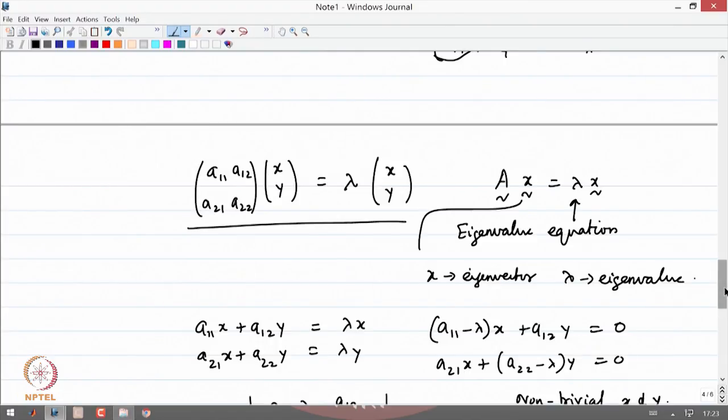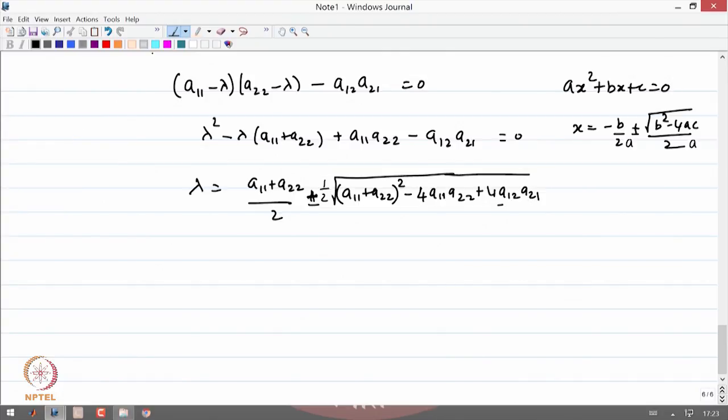Because if these two are 0, this goes to 0, and therefore this one is A11 minus A22 whole square, and the square root of this is going to give you A11 minus A22. So lambda is 1 by 2 times A11 plus A22 plus or minus A11 minus A22, and the two solutions are A11 and A22.